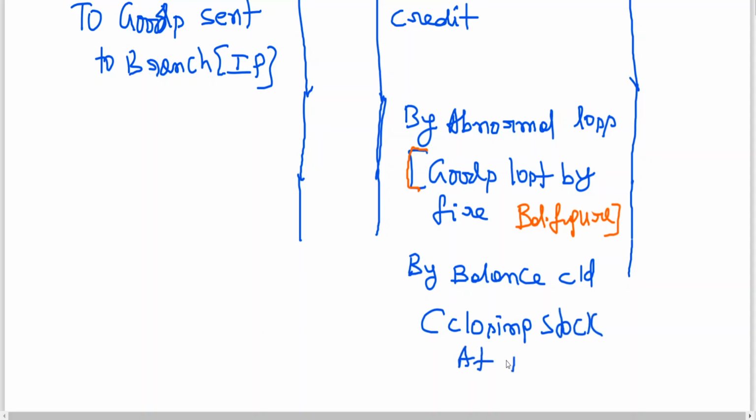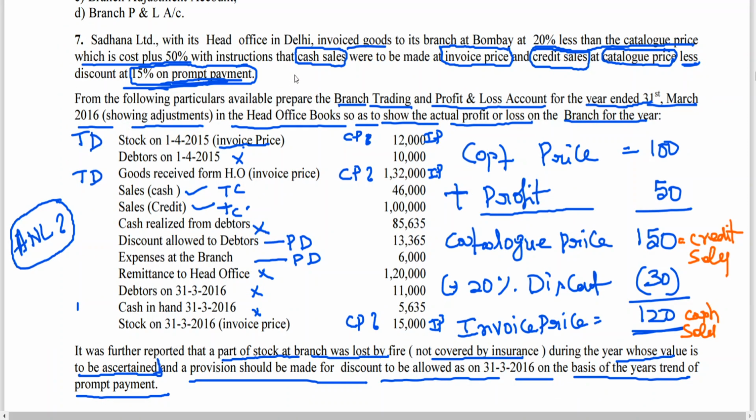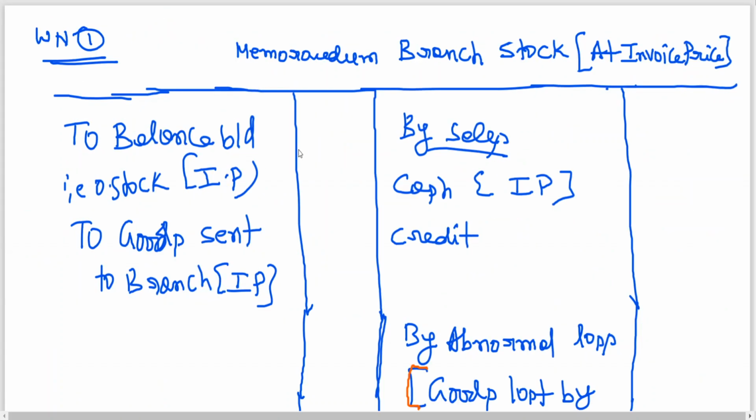Closing stock at invoice price. So to balance brought down, opening stock at invoice price. Now let us look at the problem. 12,000 directly I am writing.